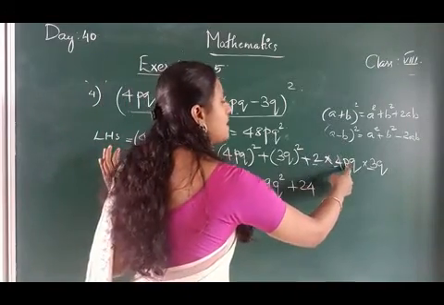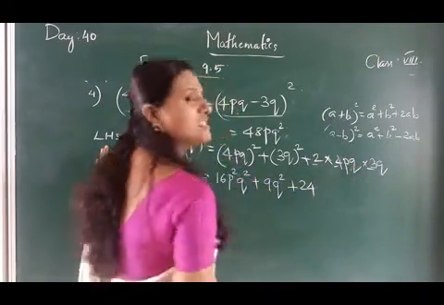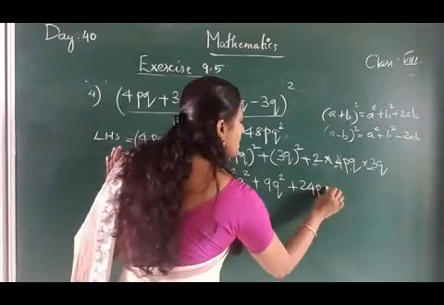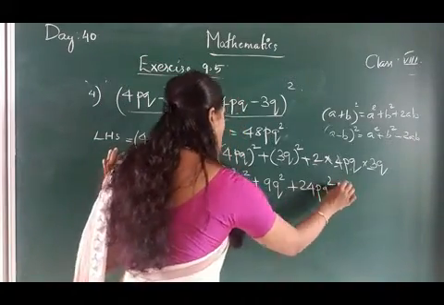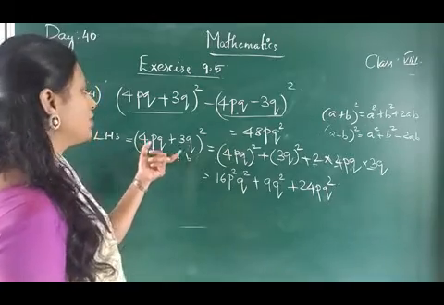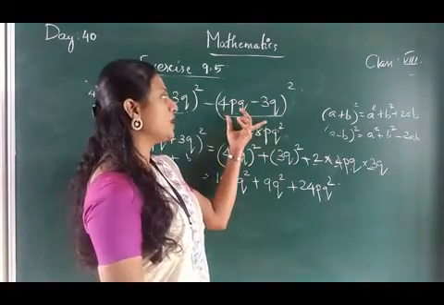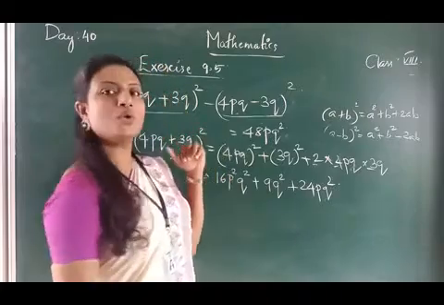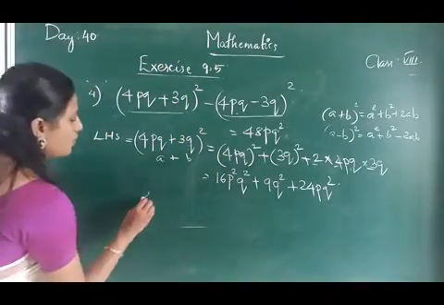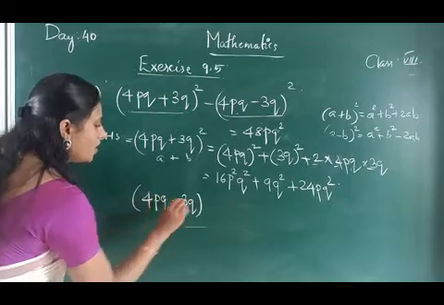Variables are p, q into q. So q into q is q square, that is 24pq square. So this is the expansion for 4pq plus 3q the whole square. Next we have to expand 4pq minus 3q the whole square. So 4pq minus 3q the whole square.